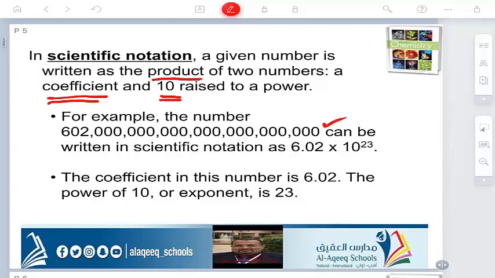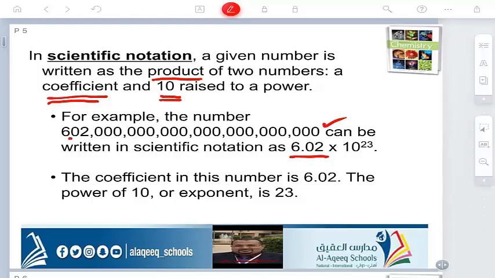First, you have to write the number in scientific notation by putting the decimal so that it is between 1 and 10. For example, for this number, you have to make the decimal here: 6.02.